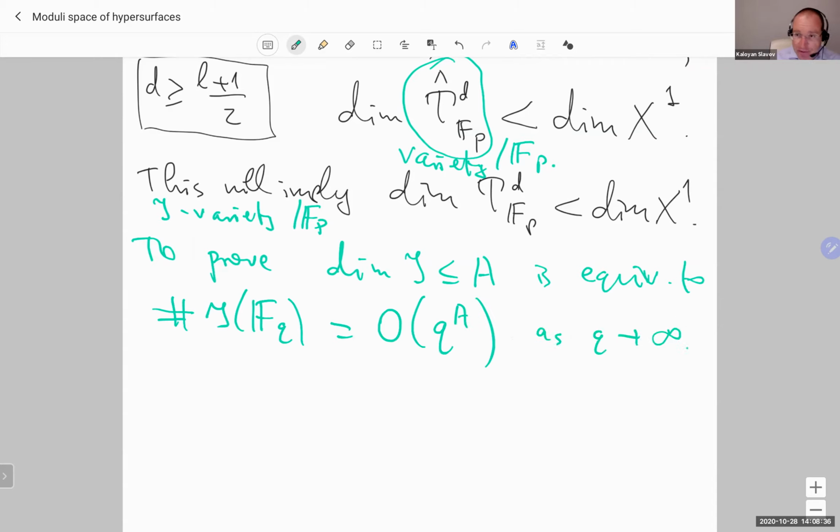If we prove this bound on the number of FQ points, this gives us a bound on the dimension. This is by the Lang-Weil theorem, 1954. If Y were to have dimension greater than A, if you extend the field appropriately, you will have Q to the A plus 1 points.